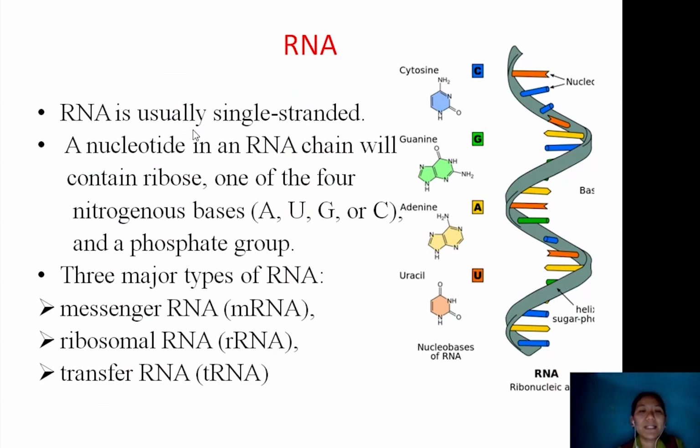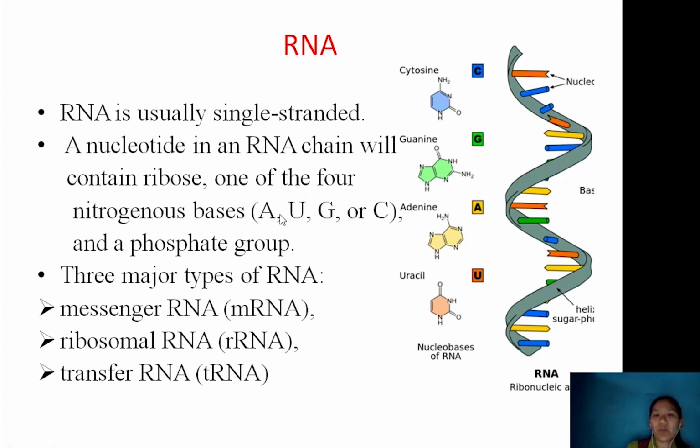Now next is RNA, ribonucleic acid. How is it different from DNA? In the case of RNA, it is a single-stranded structure. It's a polymer of nucleotides, so it will have ribose sugar and one of the 4 nitrogen bases. In the case of RNA, instead of T in DNA, there is uracil.